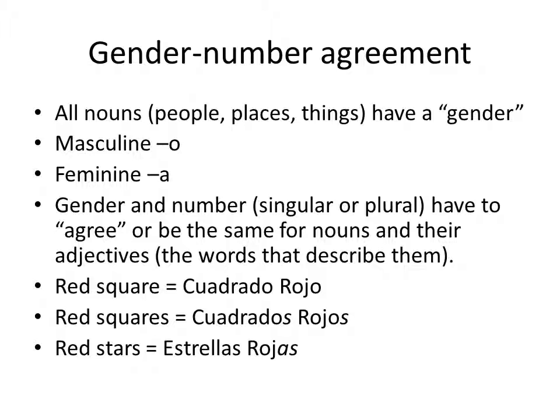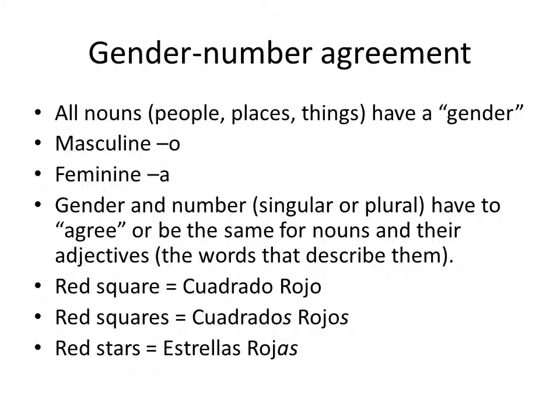And finally, we have this gender number agreement. So all nouns, which are people, places, or things, in Spanish have a gender. Now, that's not to say that all things in Spanish are boys or girls, but that's just to say that each noun has a gender.